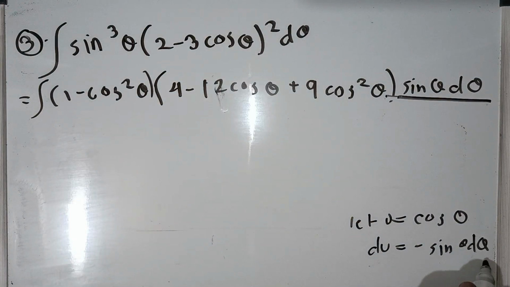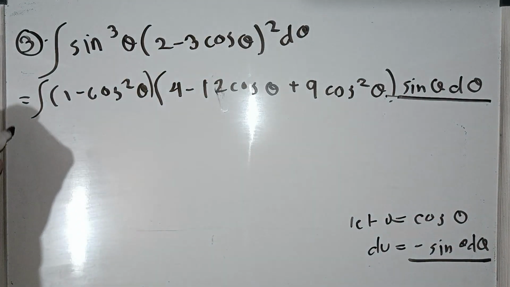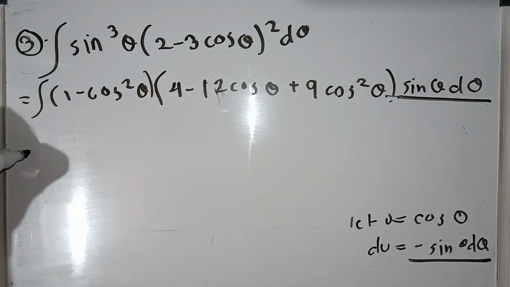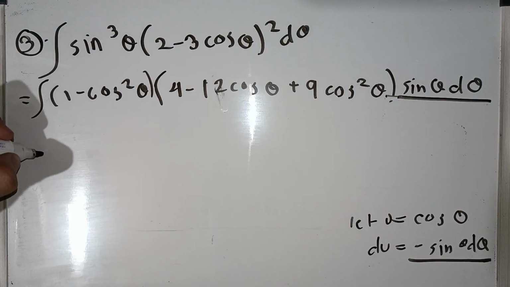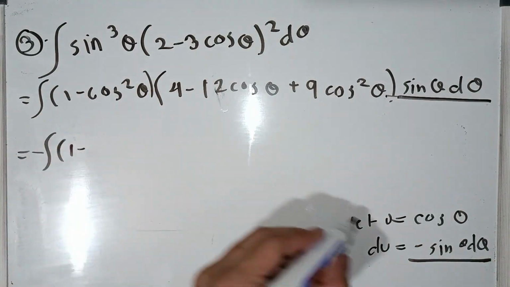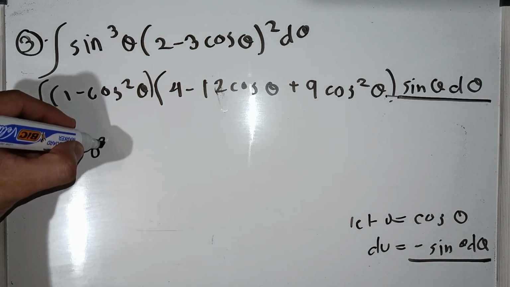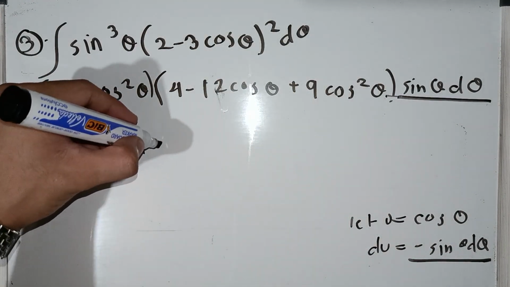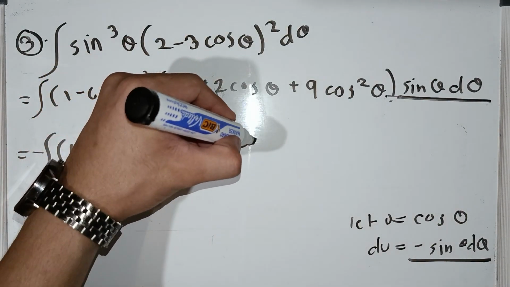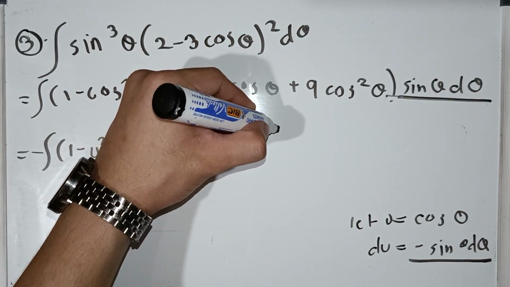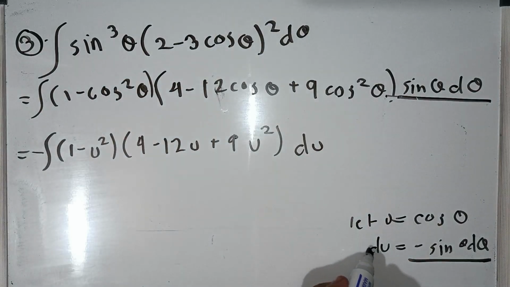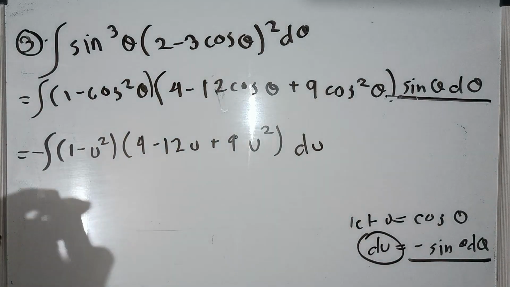Since we have now the value of du, which is sine theta d theta, and we have the negative, let's put it outside, so it will give us negative the integral of 1 minus u squared multiplied by 4 minus 12u plus 9u squared du. Since sine theta d theta is equal to du, we write du here.